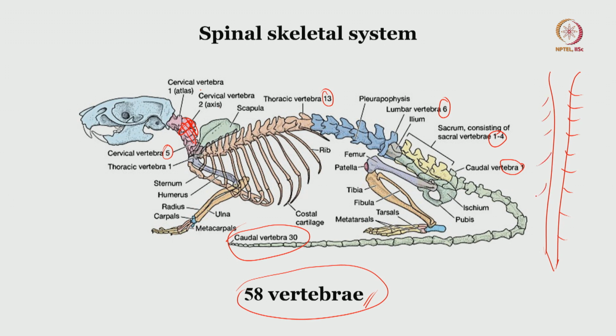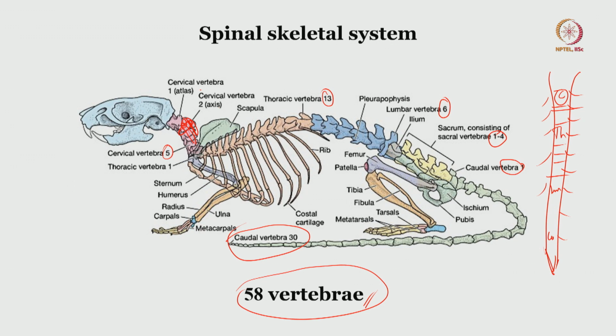Similar to the vertebral system, even in the spinal cord there is an arbitrary division called cervical cord, thoracic cord, lumbosacral cord, and then it tapers down to become the coccygeal part of the cord segment. So, there are these spinal cord segments similar to the vertebrae. You need to understand which cervical cord segment comes under which cervical vertebra. Just because there are some 58 vertebrae, there are not 58 spinal cord segments.